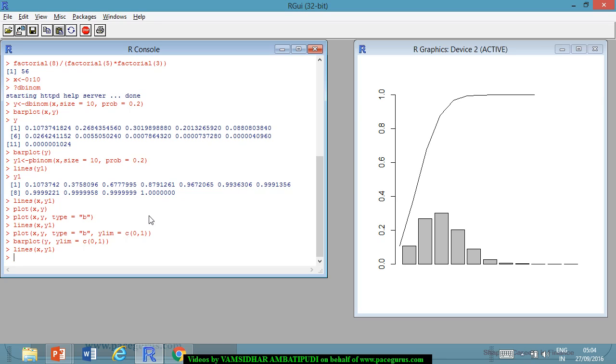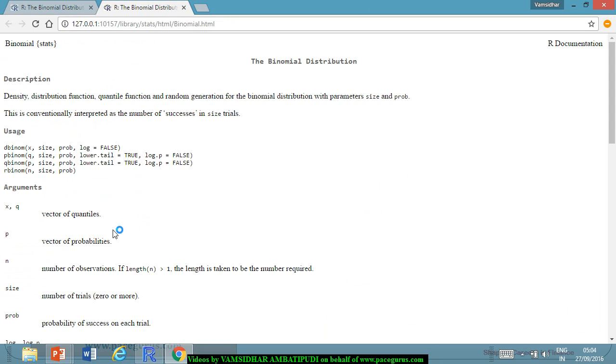Now the same way I can generate random numbers also. Let's say if you are talking of R binom, right? Now if you see R binom here, all you need to give is n, which is nothing but number of samples you want to generate. Let's say I want to generate 100 such samples.